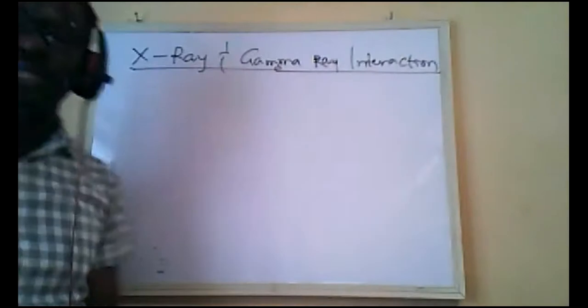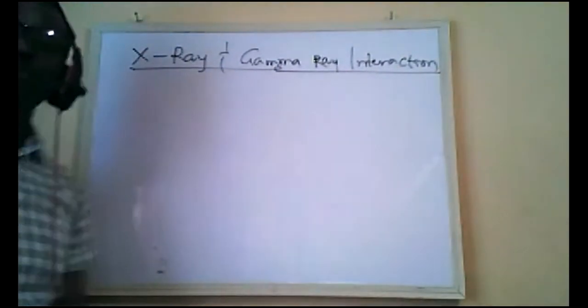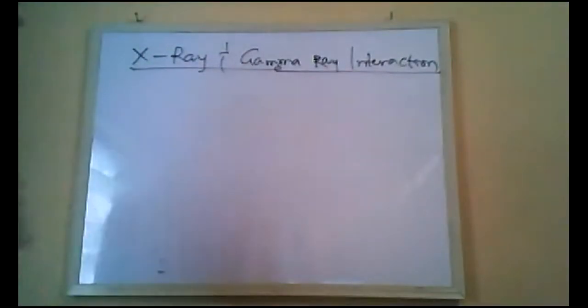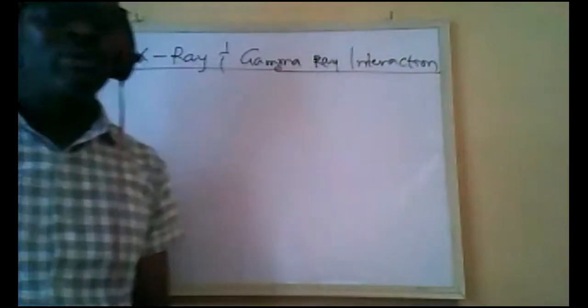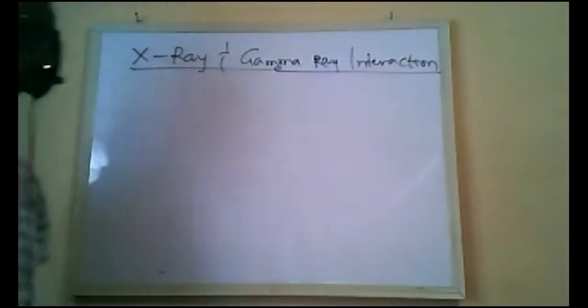We had earlier looked at particle radiation and particle interaction with matter. But now we want to look at the interaction of radiation with matter, and the radiation we are looking at is X-ray and then gamma ray.